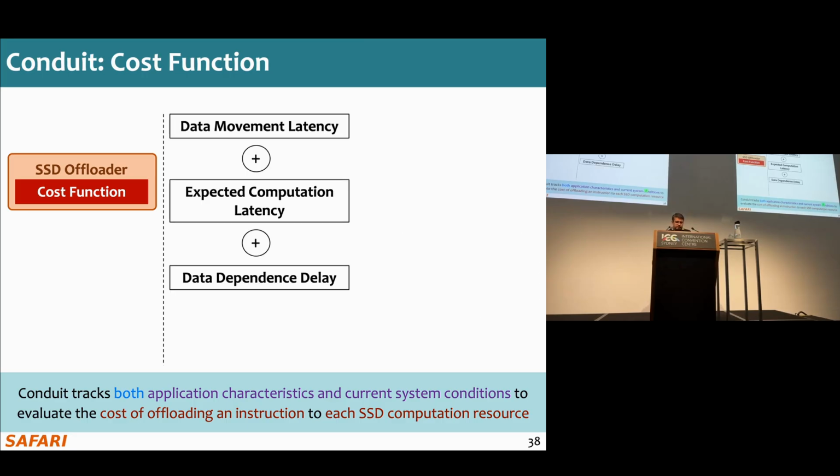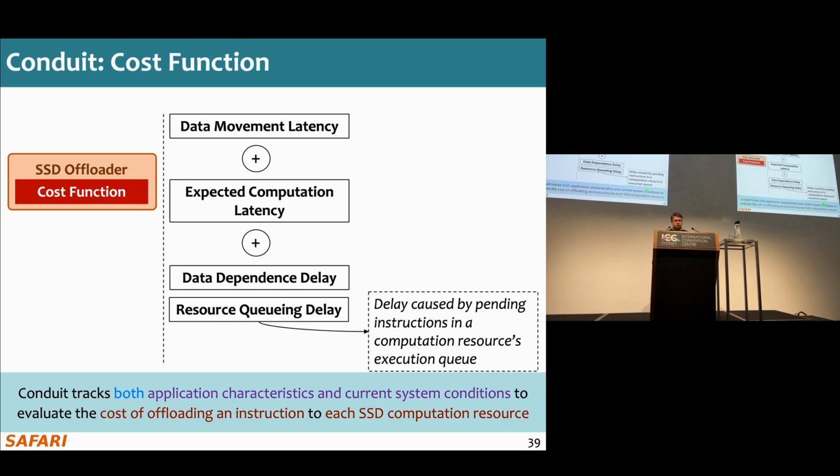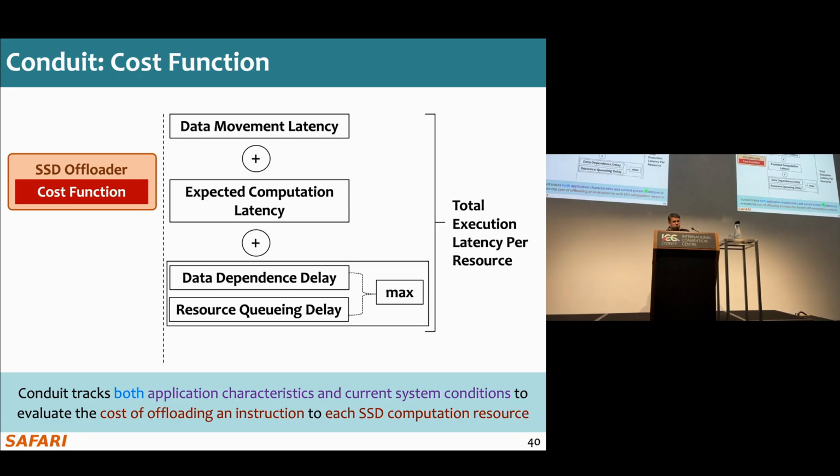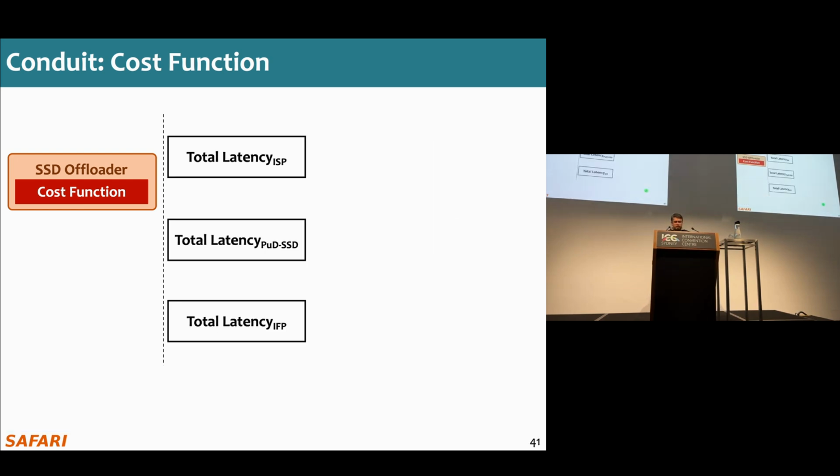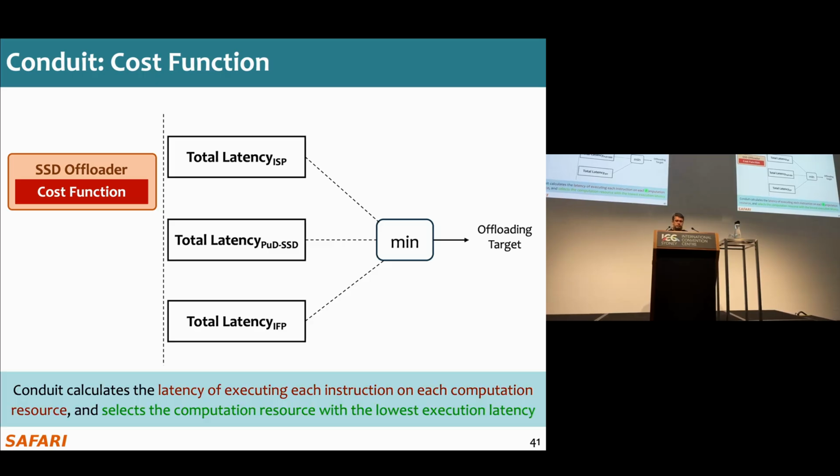Then we look at data dependence delays, the delay for operand availability, and resource queuing delay. We look at the computation resource execution queue and see how much delay is caused by pending instructions. We combine all of these delays, and then we get the total execution latency for each resource. Then we look at all the resources that are available and choose the one which gives the lowest execution latency, and that gives us the offloading target.